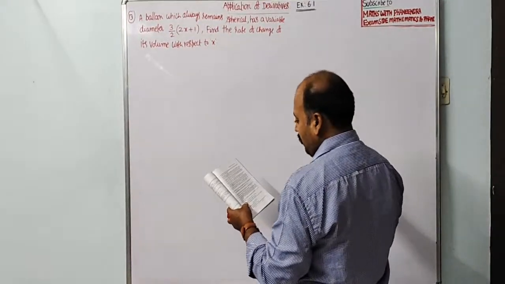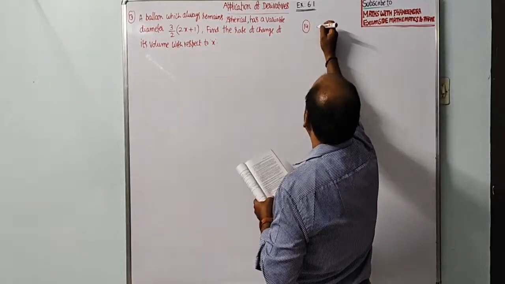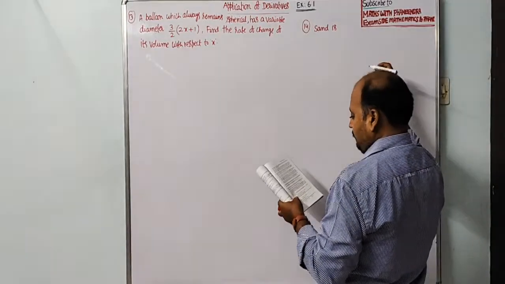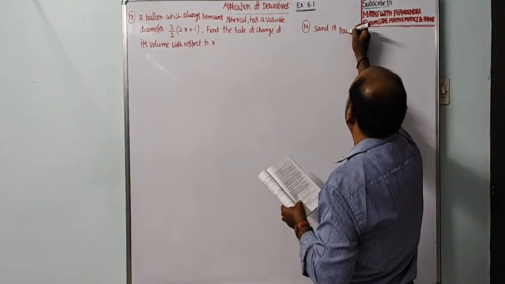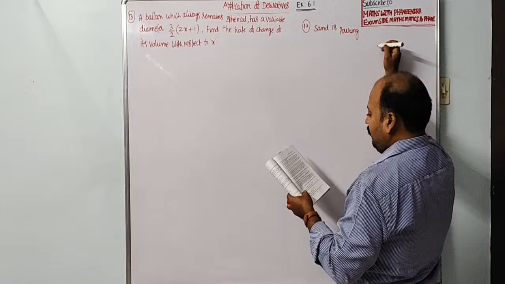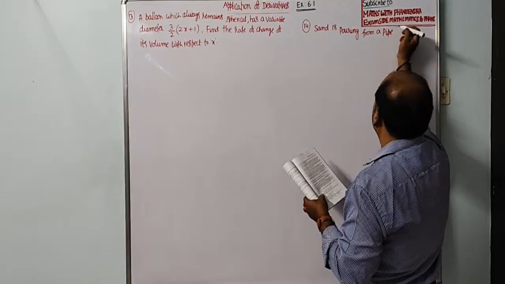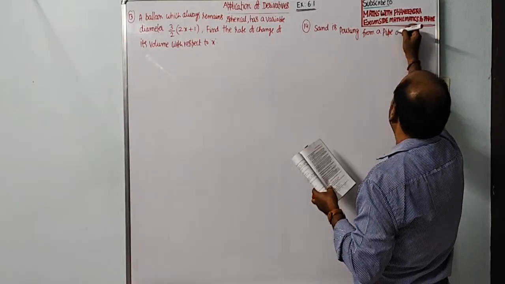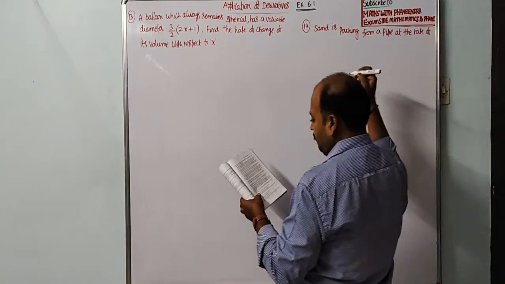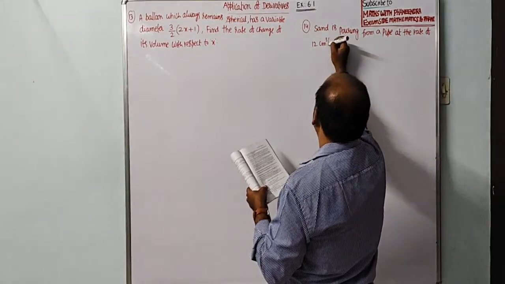Next, question number 14. Sorry. Sand is pouring, P-O-U-R-I-N-G. Sand is pouring from a pipe at the rate of 12 centimeter cube per second.